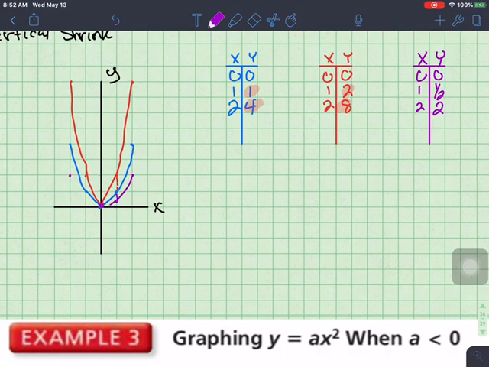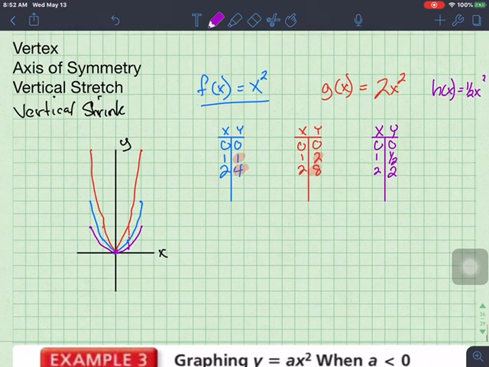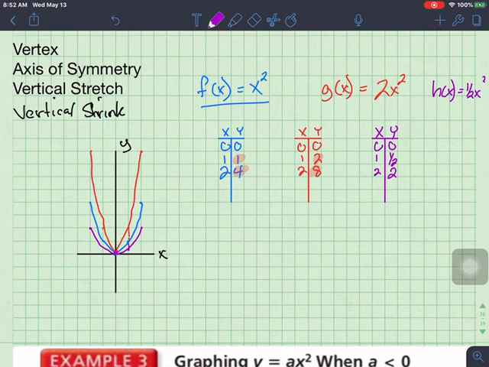All right. So even though it's a little counterintuitive, you have a vertical stretch on g of x equals 2x squared, but it makes the parabola skinnier. It's kind of weird. And then oppositely, the vertical shrink makes it a fatter or a wider parabola. So I just wanted you guys to understand that.